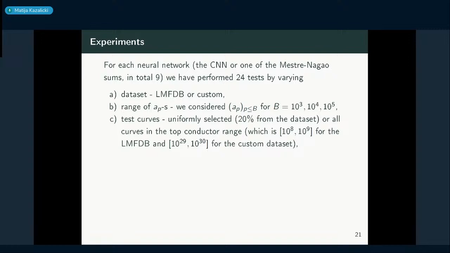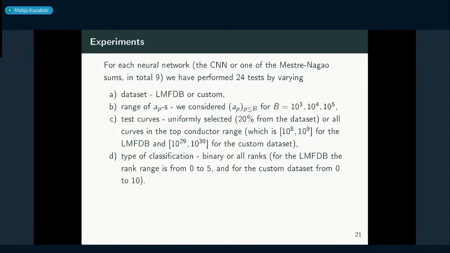We either selected 20% of the curves from the data set uniformly, or we chose the curves of the top conductor range. And in that case, of course, we didn't train our algorithms on that range. So in this mode, we also got information on how well our neural network generalizes to the data that it didn't see.